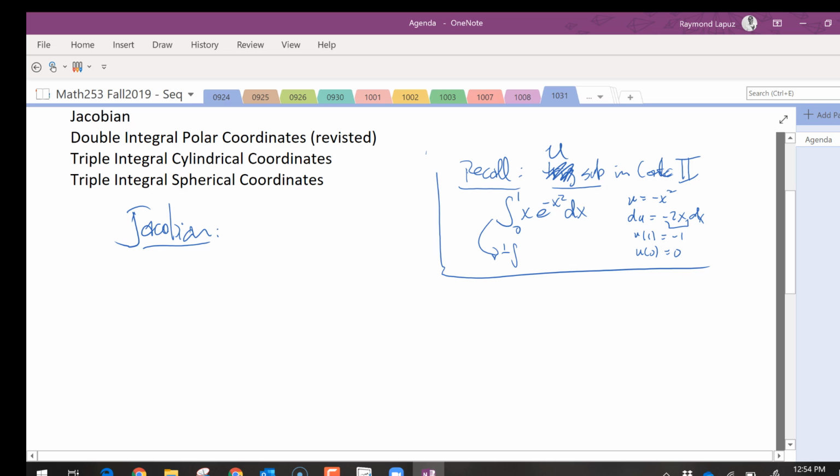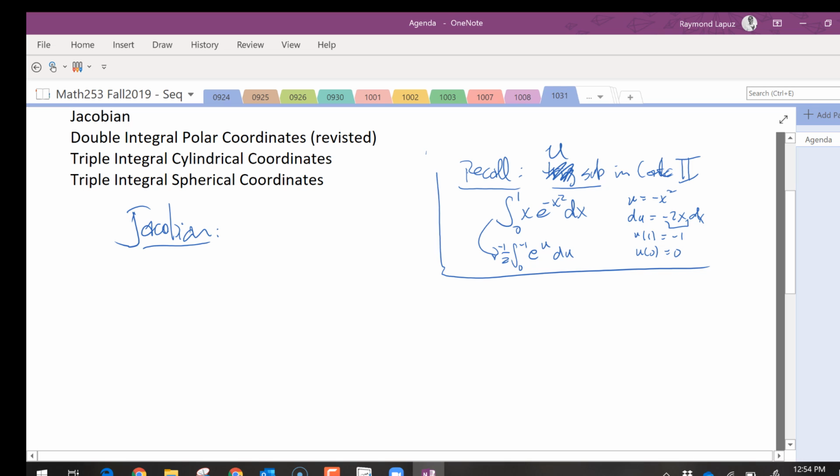I think there's a -1/2 that comes out, e to the u du from 0 to -1. So we do this change of variables, and inside of the integrand, we change the variable, and then we also look at the limit, and then we change the limit. Okay, so that's how we did it back then.